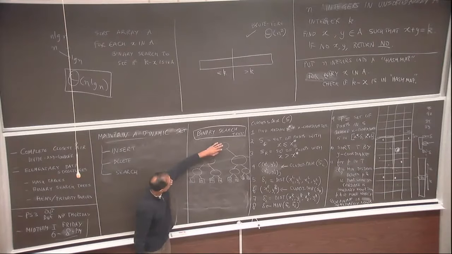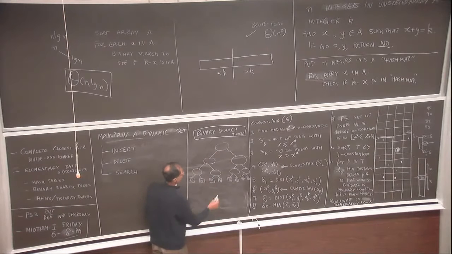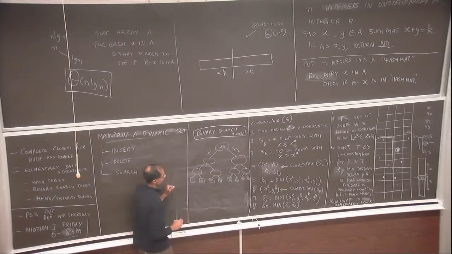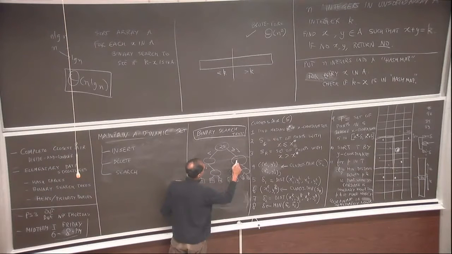And the numbers here designate comparison points where you will tell which side you have to go. So for example, this number might be the smallest of this, so 25. Everything greater than or equal to 25 goes here, if it's less than you go here. This would be 28.